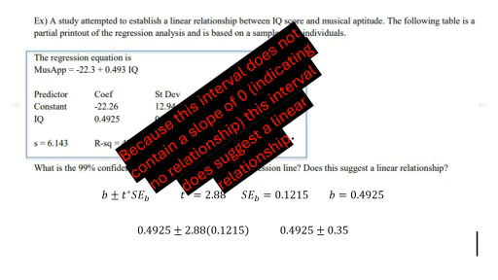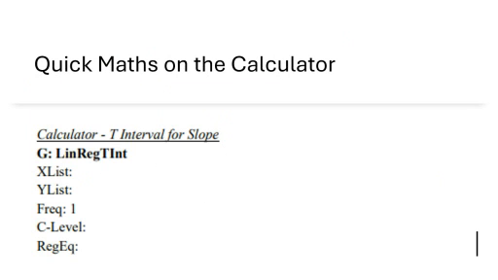All right. Okay, so quick math on the calculator. Under your calculator, under all your distribution stuff, if you go down to G on the TIs, you'll see LinRegTInt, and you'll also see LinRegTTest.